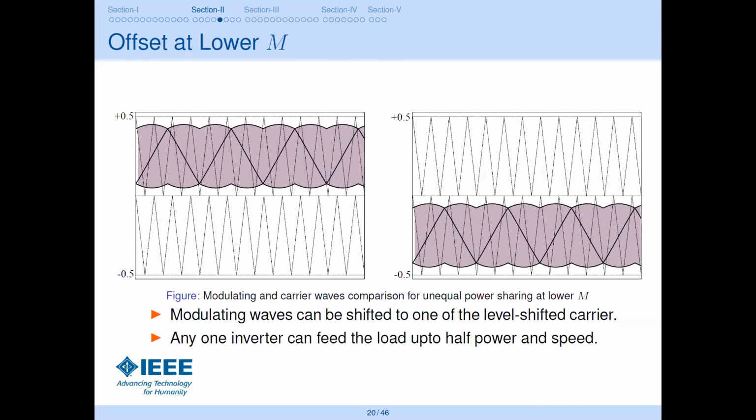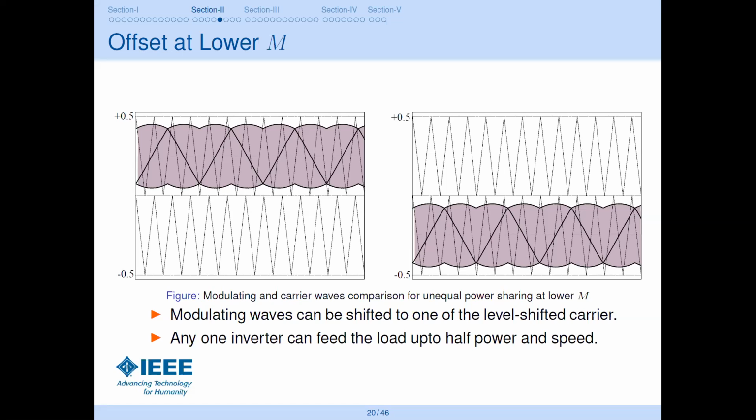Now, in the case of a lower modulation index, that means if the speed is really low and the modulation index is less than 0.5, you can conveniently place the modulating wave in one of the carrier bands. That means you can shift the whole modulating wave into the upper carrier band, or into the lower carrier band. What does it mean? That means you can have a 2-level operation bilaterally. How?